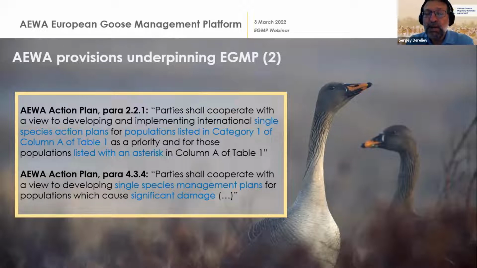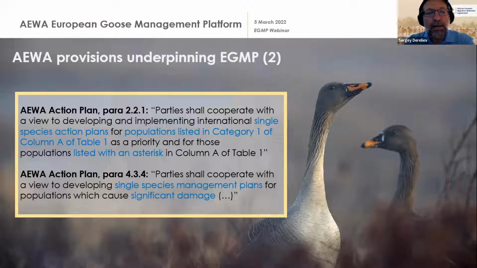And those with an asterisk are usually huntable populations. They're an exception from the rule, since category 1 of column A in table 1 are normally species which are in poor conservation status and require conservation measures in place.